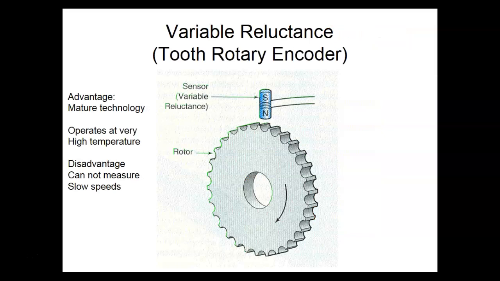This is a variable reluctance tachometer, also called a tooth rotary encoder. And what we do here is what's required to induce a voltage magnetically. What do we need? We need three things.